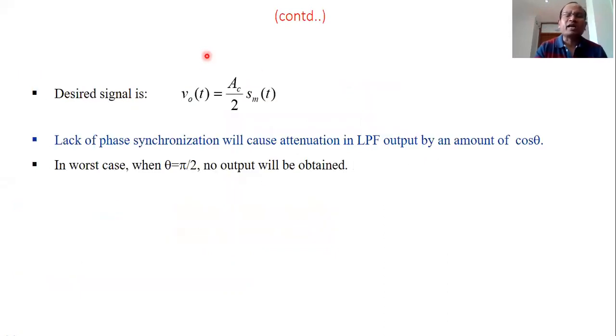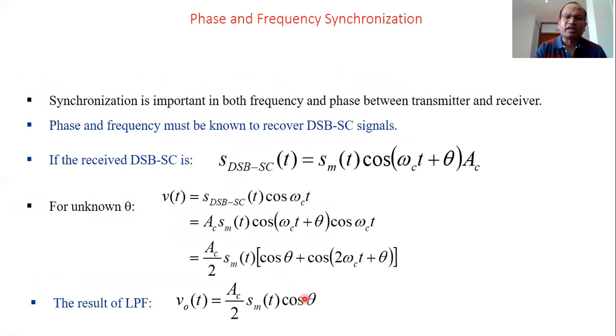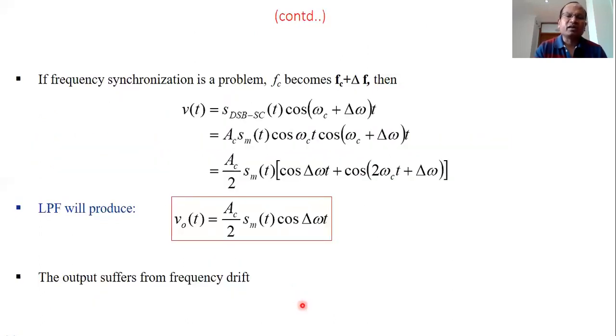Look at here, we are getting almost the same term, but earlier it was multiplied by cosine theta, right? But now it is multiplied by cosine del omega t. Why is there del omega t? Because del omega is the change in frequency at the receiver, because we are generating the carrier frequency at the receiver, as the carrier is not present in the transmitted signal which is actually received by the receiver.